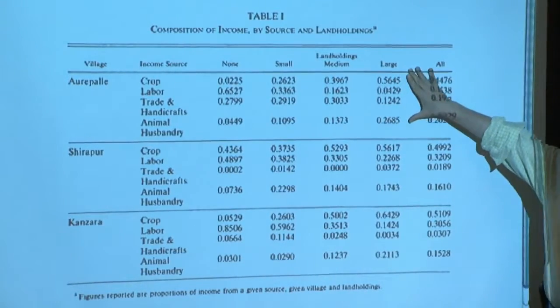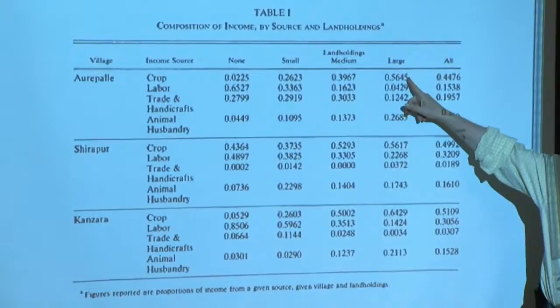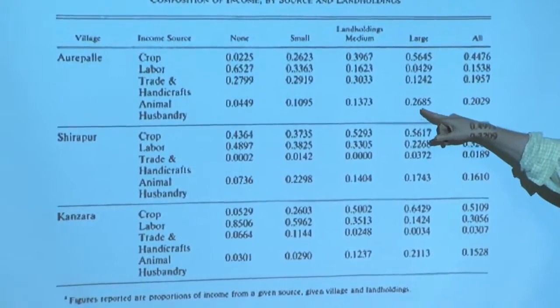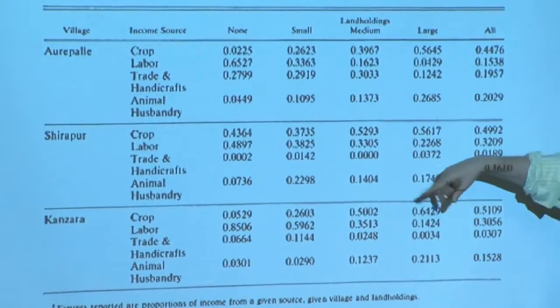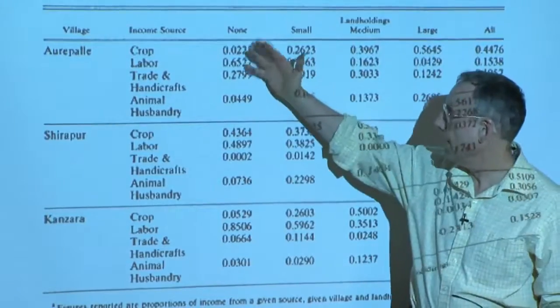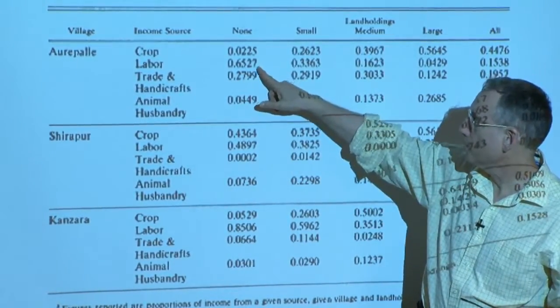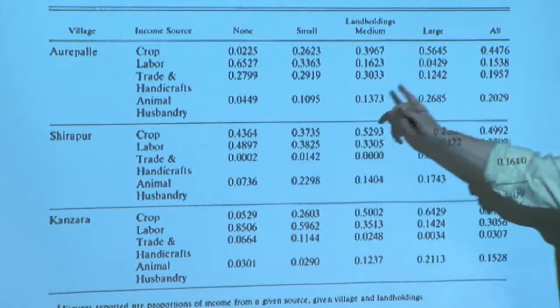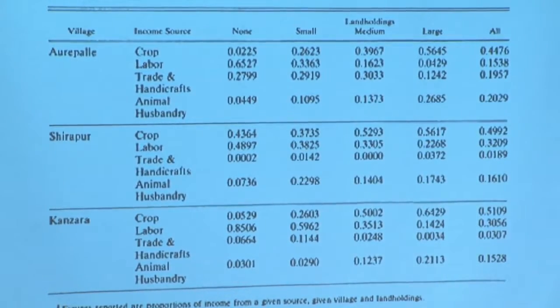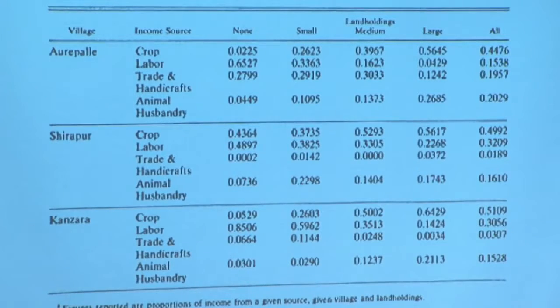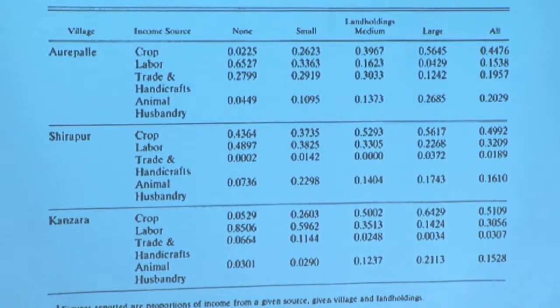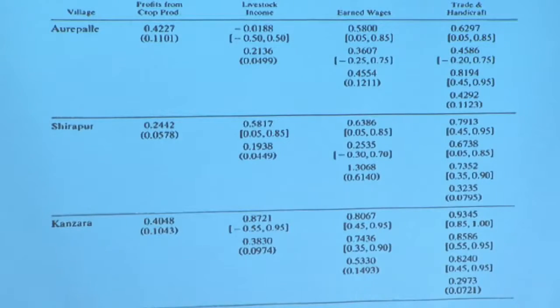Large landholders have the bulk of their income from crops and a substantial amount from animal husbandry. People without land virtually have no crop income, and the dominant source is from labor, and there's everything else in between, as you might anticipate. There are 3 villages involved. That pattern is pretty common.